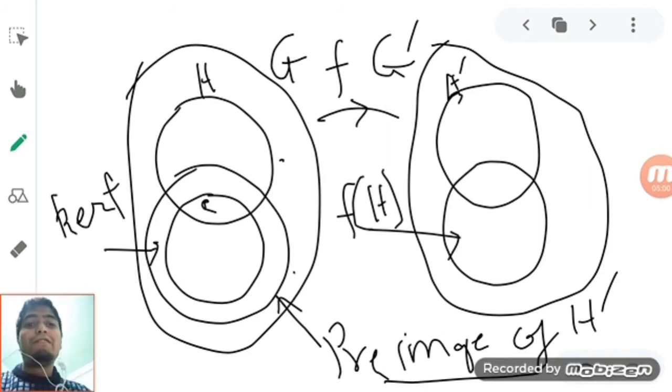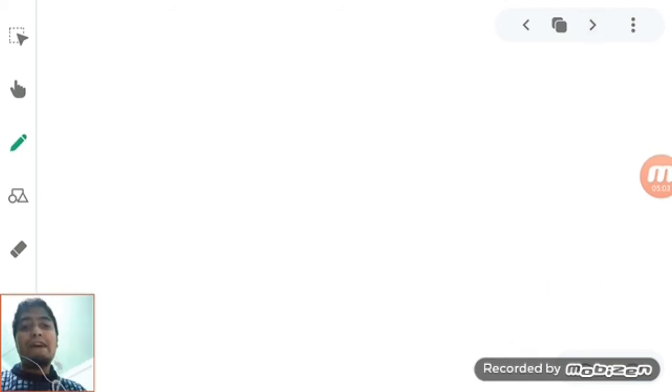But again, you haven't learned what a pre-image is. In fact, the concepts of pre-image and image are about functions, not only homomorphisms.